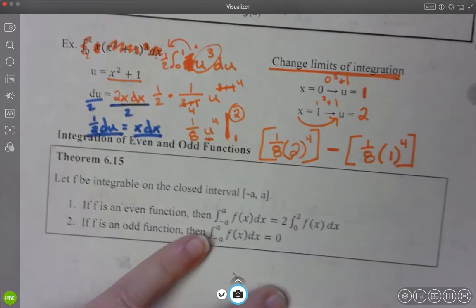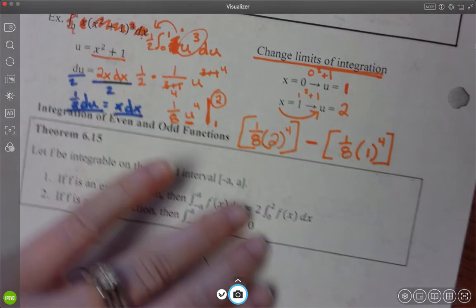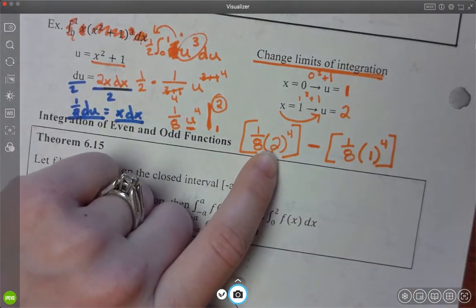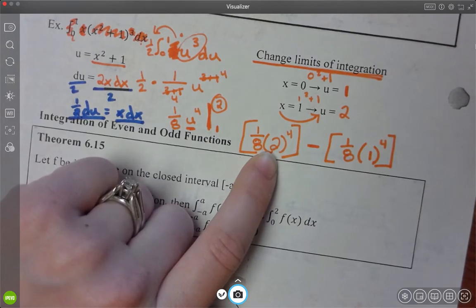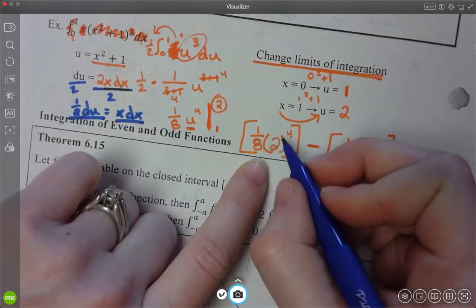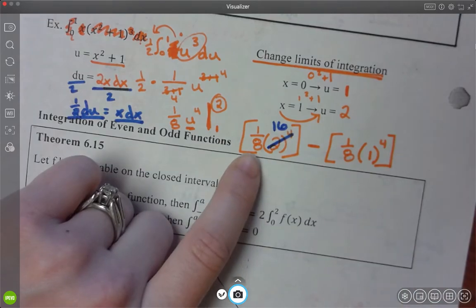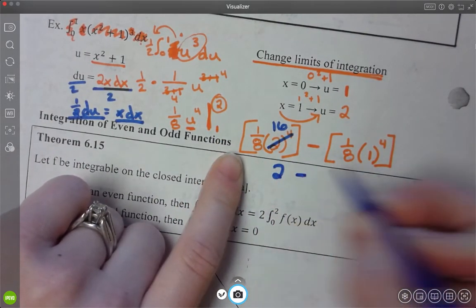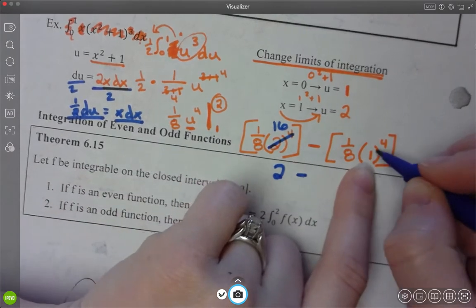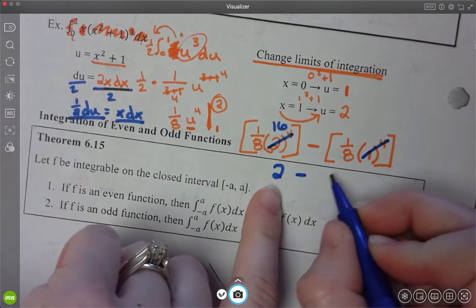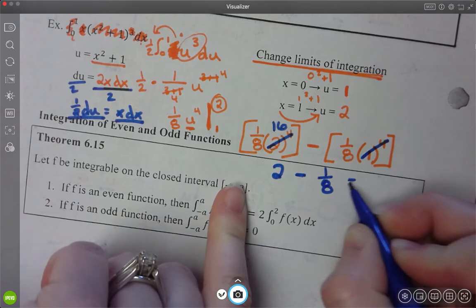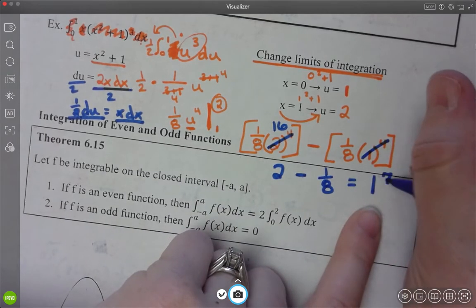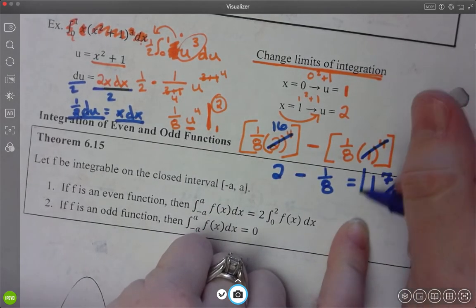So let's figure out what this is. 2 to the 4th power is 2 times 2 times 2 times 2, 16. 1/8 of 16 is 2. So I have 2 minus 1/8 times 1 to the 4th power, which is just 1/8. So I have 2 minus 1/8, which is 1 7/8, whatever that is as a decimal. I don't know.